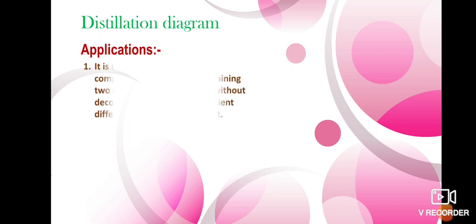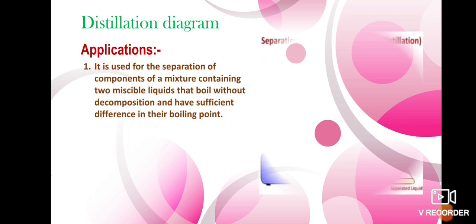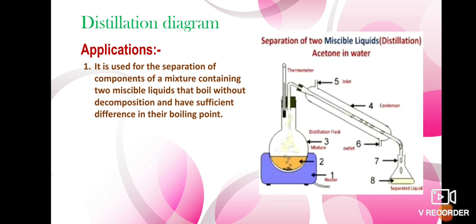Now see, you have to draw the distillation diagram for your examination purpose. Like this, you have to draw the diagram. See, the round bottom flask and the mixture of alcohol and water, how they are separating. Like this, you have to draw the diagram, and some applications are there.